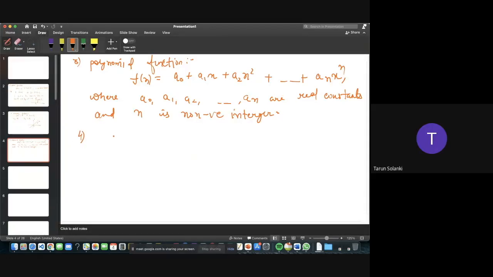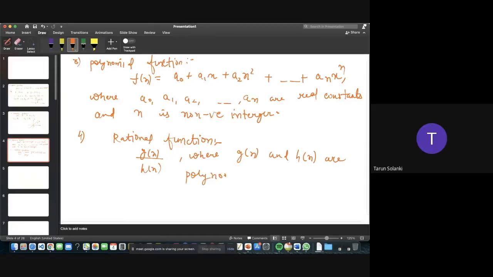Next, if we talk about the rational function, okay, a function f(x) which can be expressed in the form g(x) by h(x), where g(x) and h(x) are polynomials, and h(x) is not equal to 0.